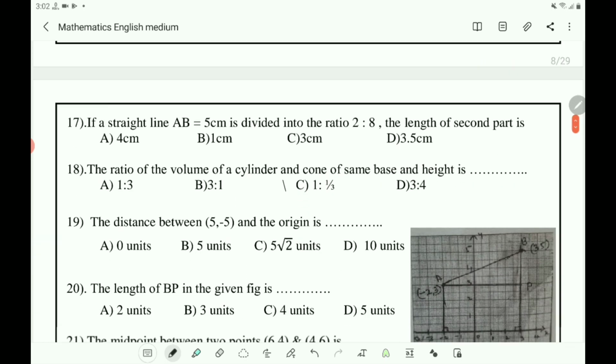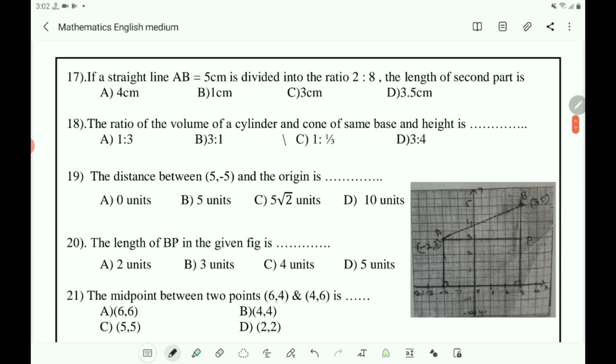Next you take the question number 17. If a straight line AB equals 5 cm is divided into the ratio 2:8, the length of second part is. Straight line AB equals 5 cm is divided into the ratio 2:8. The length of the second part.